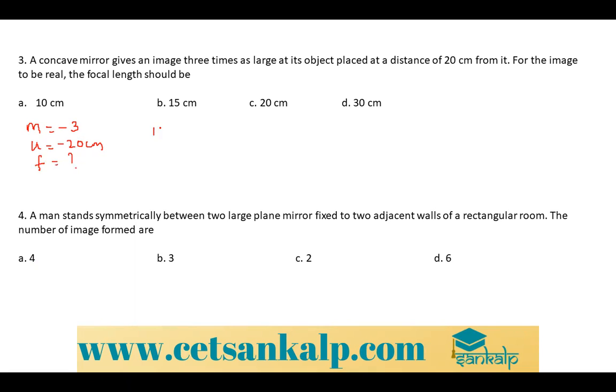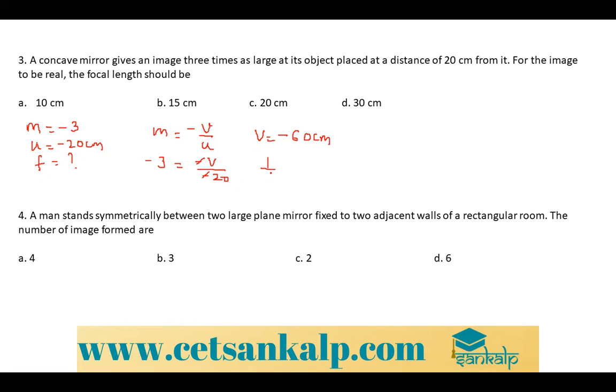So M is equal to -V by U. So it is -3 is equal to -V divided by -20. So V is equal to -60 centimeter.